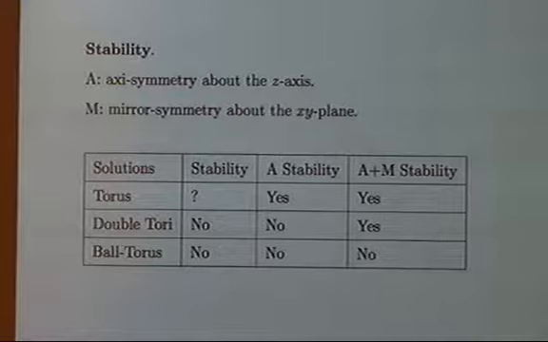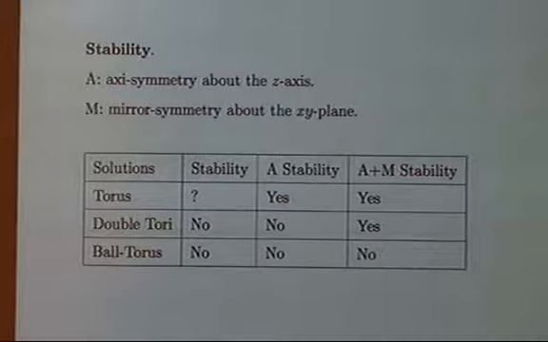This looks like a complicated problem, and the computation is quite tedious. But if you restrict yourself to the smaller class of axisymmetric sets, then the torus is stable. And if you further restrict yourself to sets that are both axisymmetric and mirror symmetric, then of course this is also going to be stable.